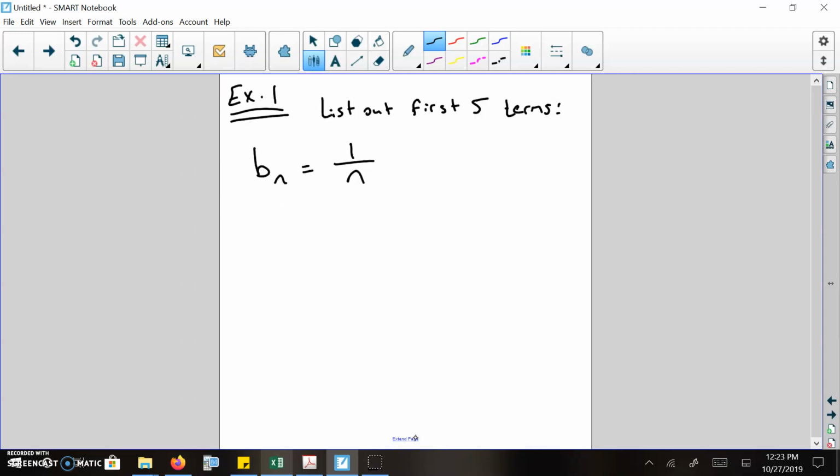So if I want to find the first term, well, that's b sub 1. All this means is I'm going to go to my formula and I'm going to plug in 1 for n. So I get 1 over 1, which is 1. Okay, b sub 2, which would be 1 over my n value is 2, so I get 1/2. And hopefully you should be able to see here, this would be 1, 1/2. The next term would be 1/3.